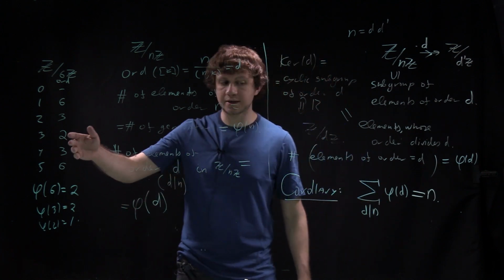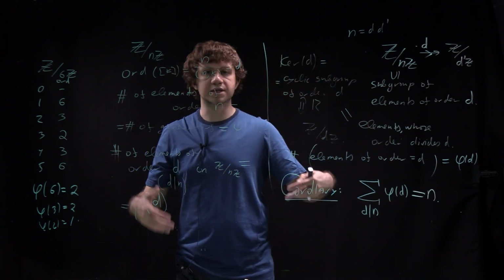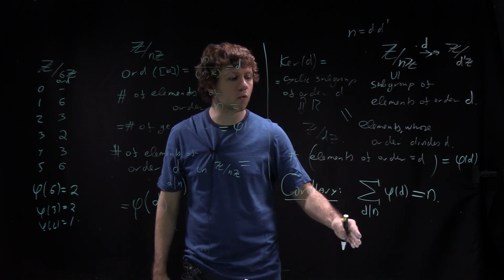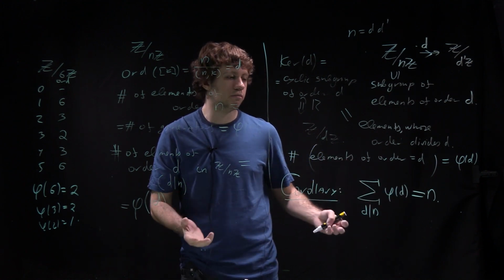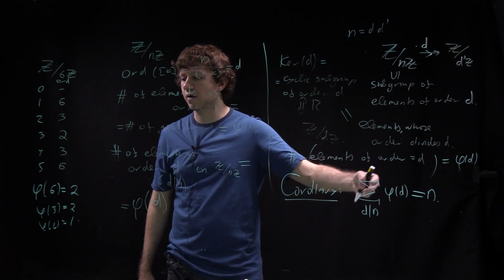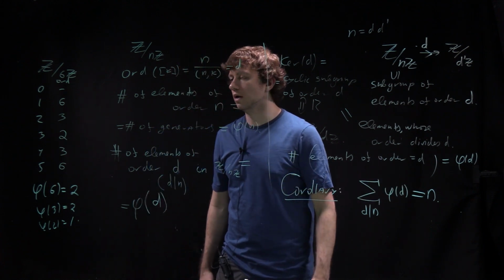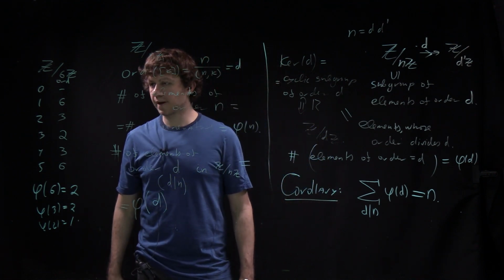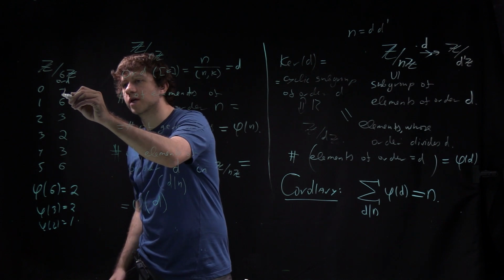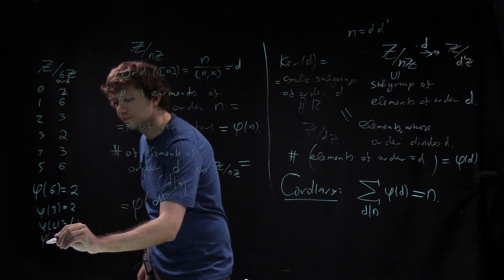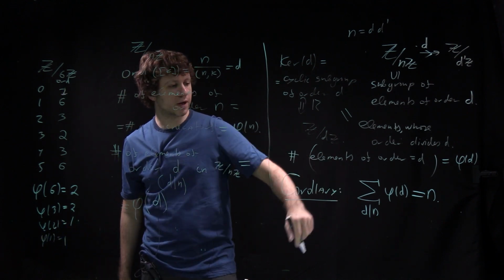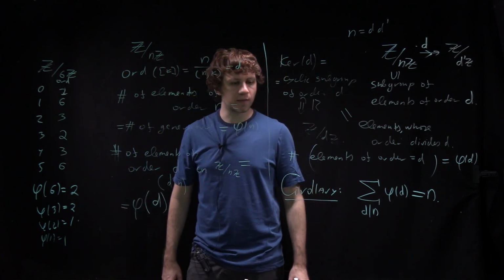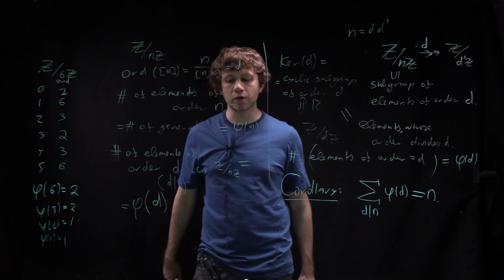And this is obvious because you just have this cyclic group, you have all n elements, each of them has some order, and basically you just sum up phi of all numbers to get all of these orders. Yeah, sorry, 0 has order 1, what I'm talking about. So phi of 1 is 1, and that's why you need to also have 1 here. So that's a very beautiful property of the Euler function, and we will use it later on.